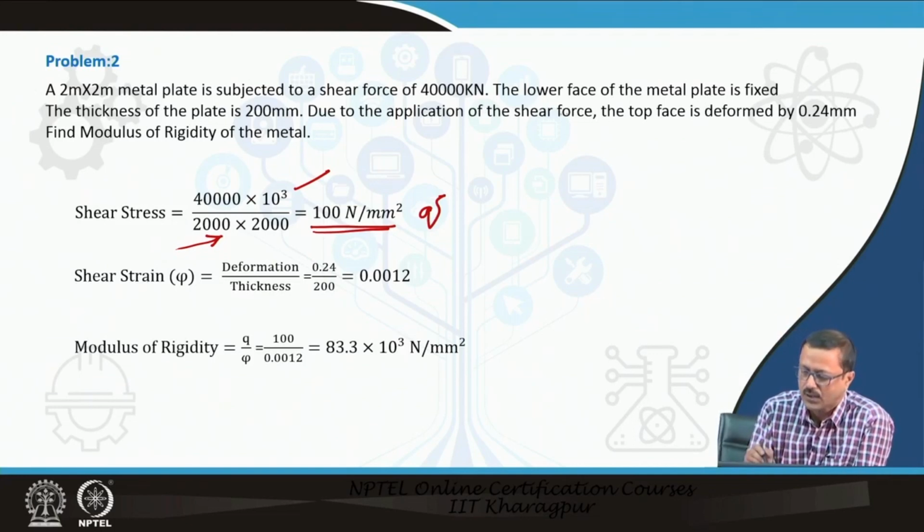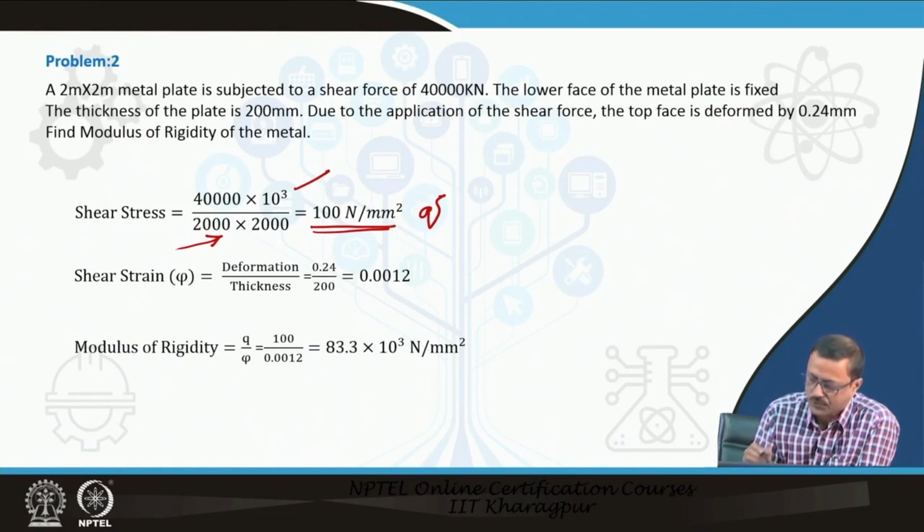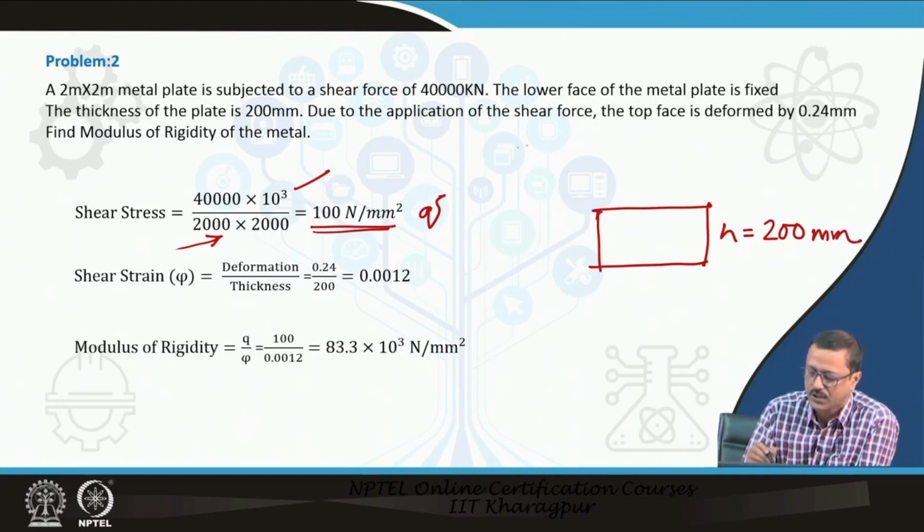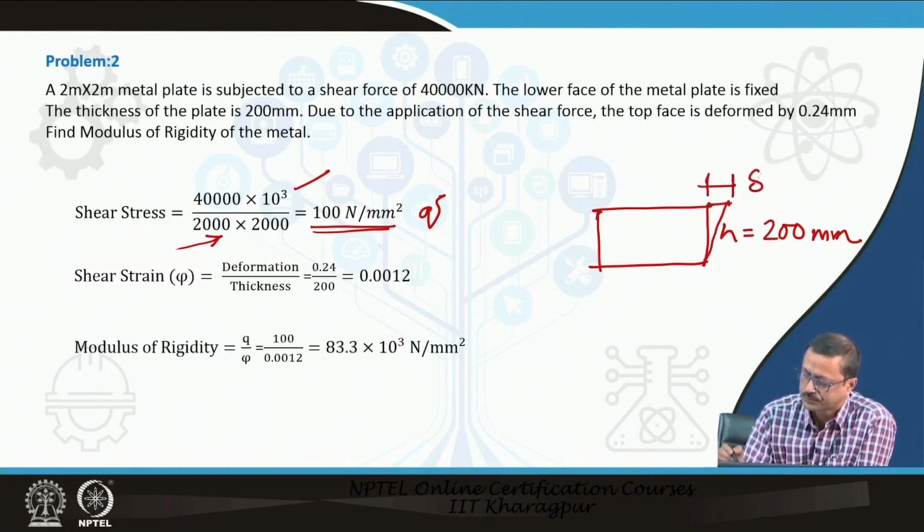and due to this load the lower surface of the metal plate is fixed, and the thickness of the plate, this h, is 200 mm. Due to the application of the shear, the top face is deformed by some very small amount, that is delta, which is 0.24 mm.